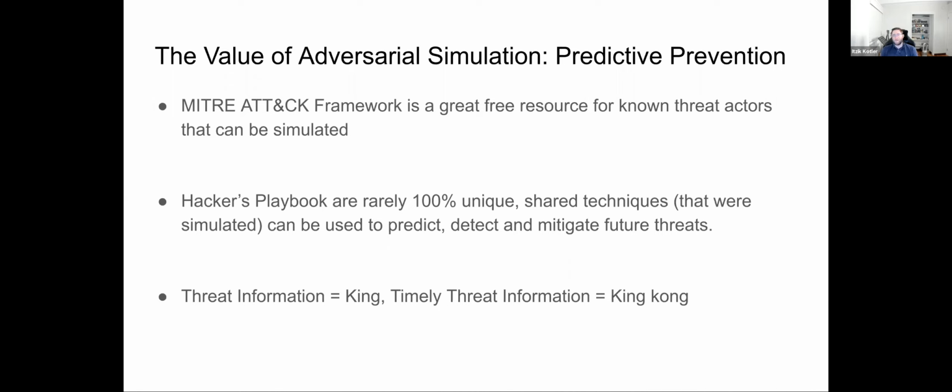Now, the TTPs, tools, techniques and procedures, which is basically the breakdown of what the red team is going to do. For instance, phishing is a TTP. Lateral movement through credentials on a machine is a TTP. Those are examples of ways that adversaries work.